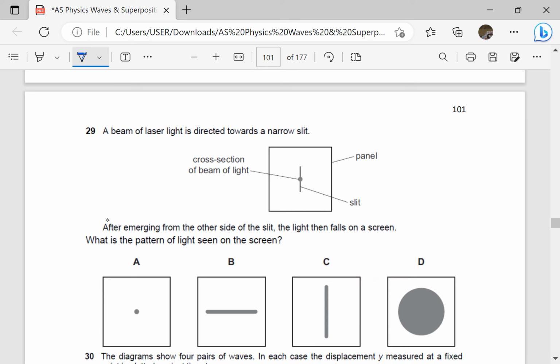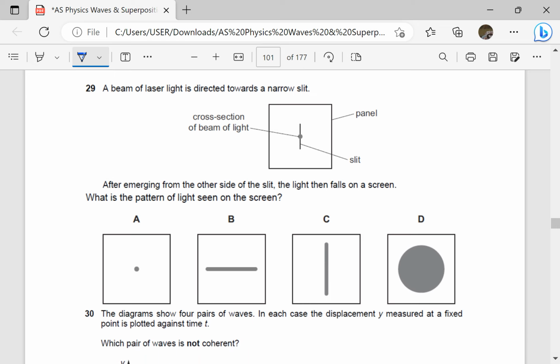A beam of laser light is directed towards a narrow slit. After emerging from the other side of the slit, the light then falls on a screen. What is the pattern of light seen on the screen?